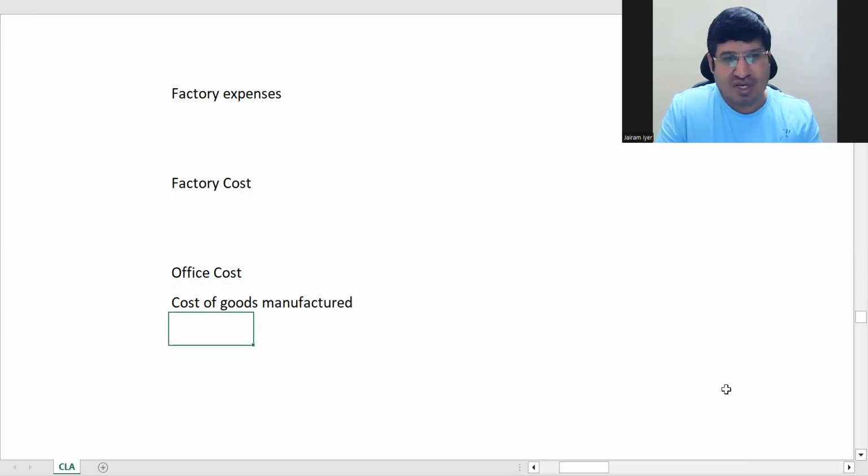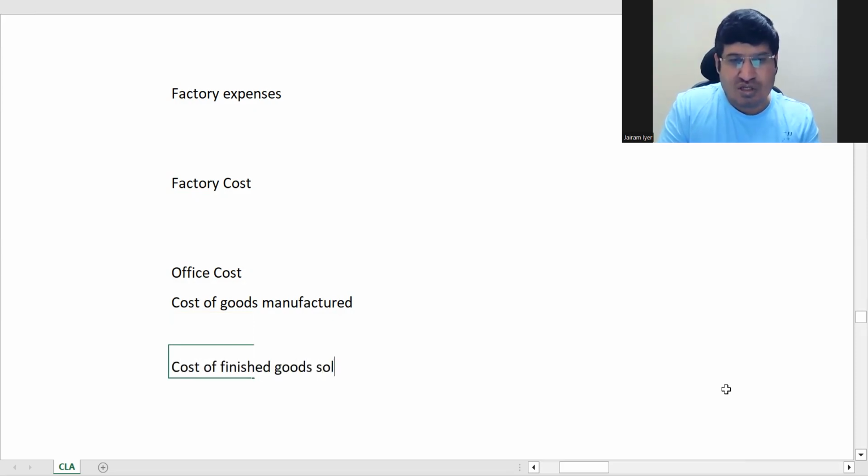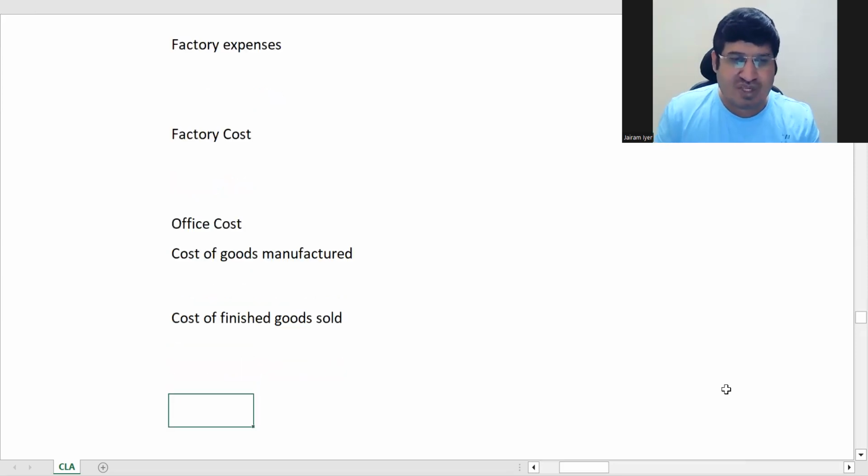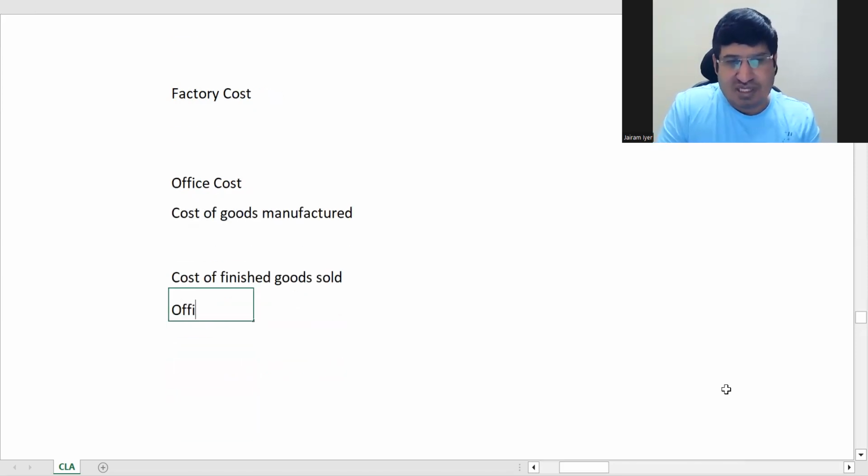And after this you just add and deduct your opening and closing stock of finished goods, and you get cost of finished goods sold. And then you add selling and distribution expenses, and you get cost of goods sold.